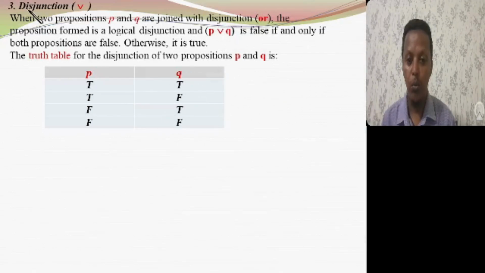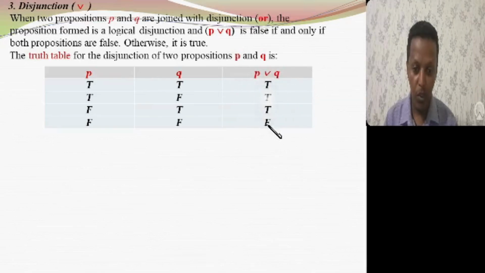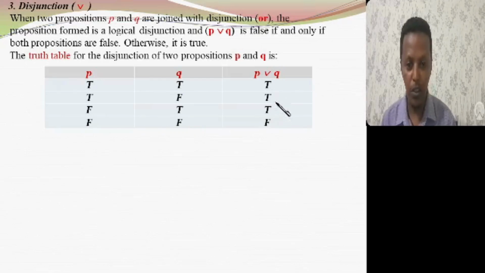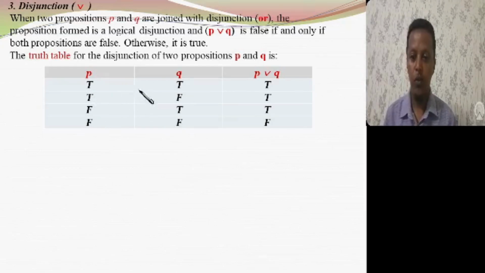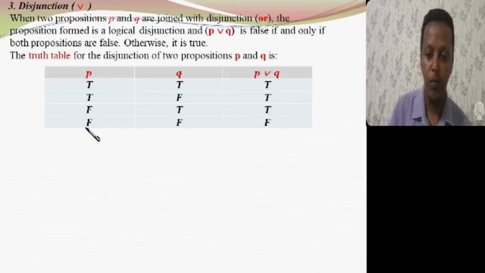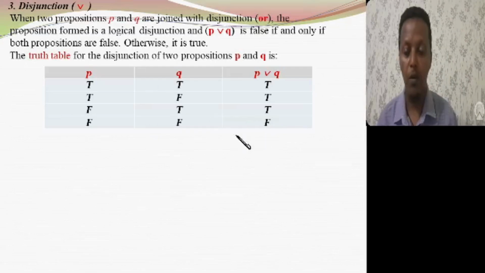So P or Q will be false when both are false. False or false is false. Otherwise it is true: true or true is true, true or false is true, false or true is true, and false or false is false. So this is the rule of disjunction.